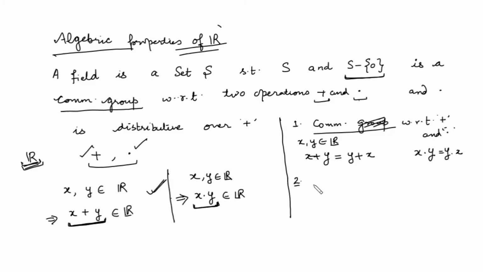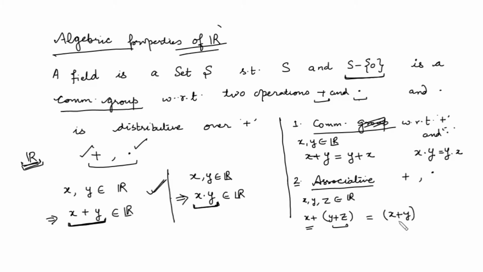Number two is the associative property. So associative property should hold with respect to the operation addition as well as multiplication. Means what? If you consider any three real numbers, first you add y and z and then with x is same as that, first you add x and y and then with z.